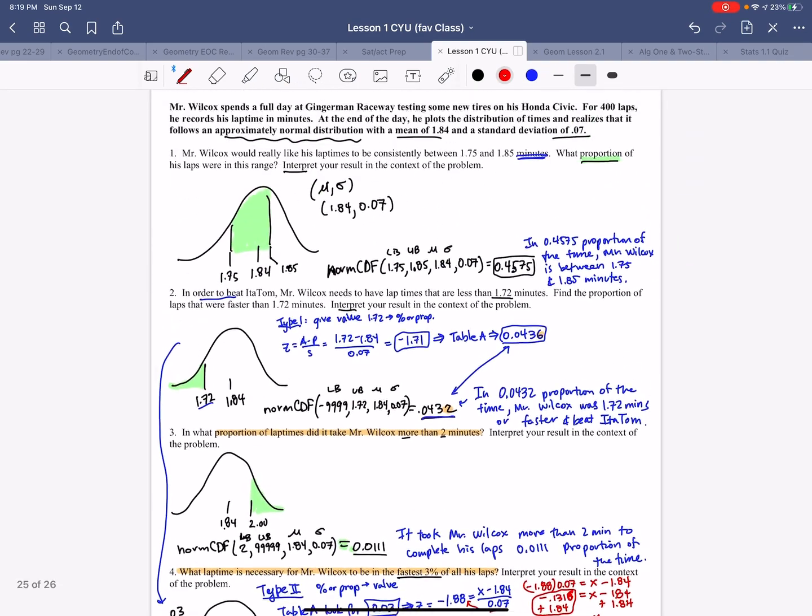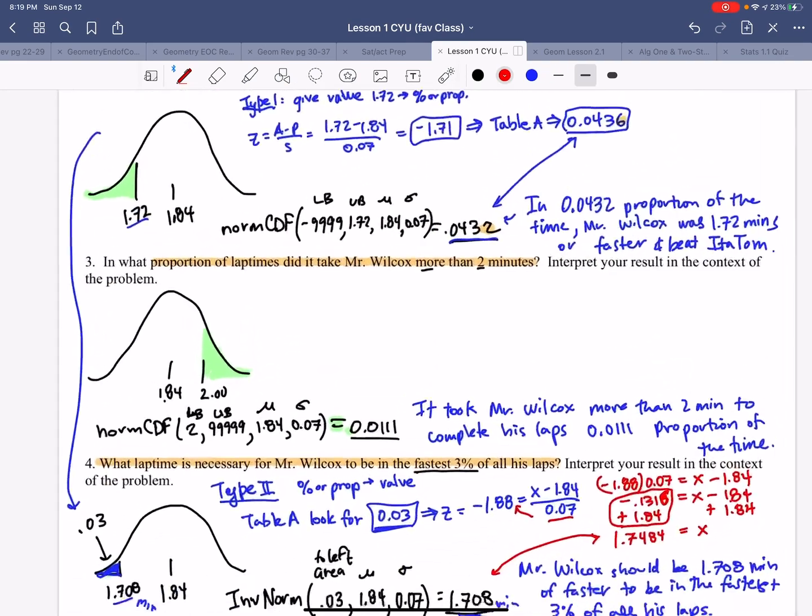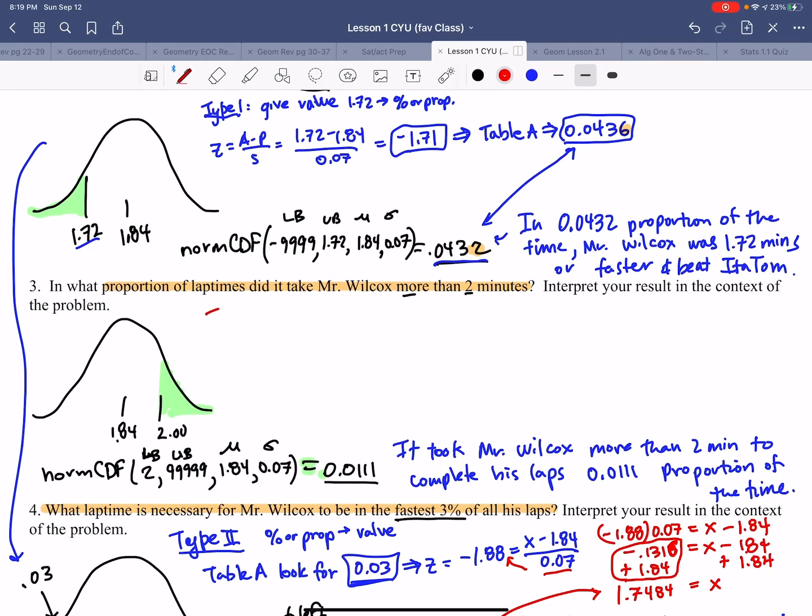Now, what about my next one? This one's not too bad. This is a type 1. I just have to be careful that I'm going to go the other direction because the table only works to the left, right? So I'm first going to start with my z-score, right? So actual, which is 2, minus the predicted over the standard deviation.